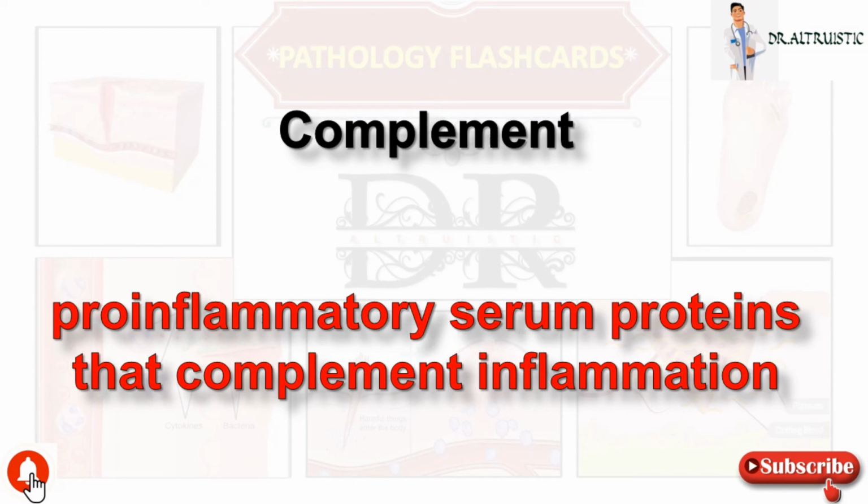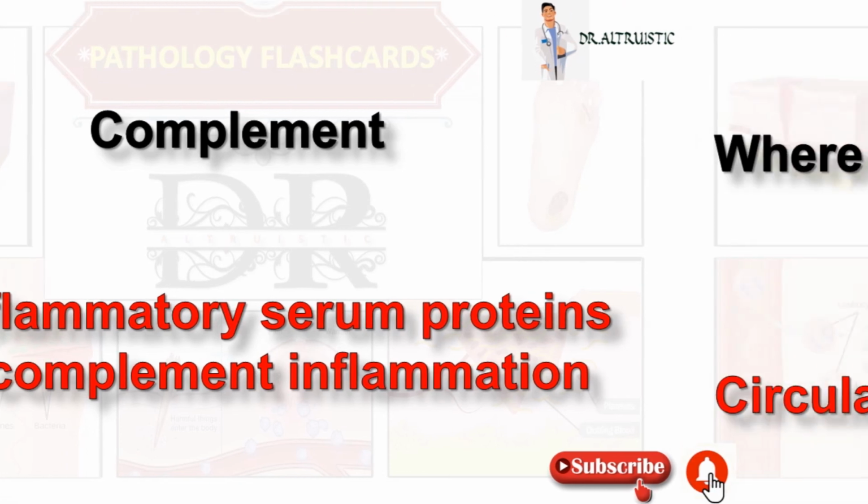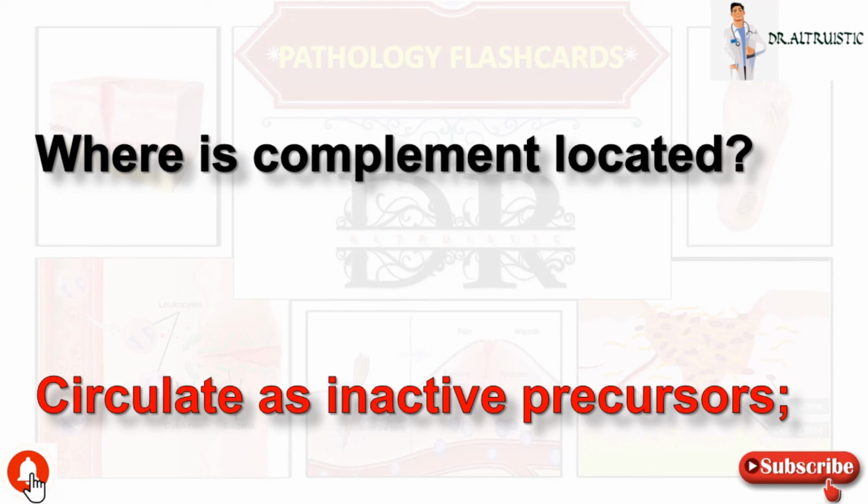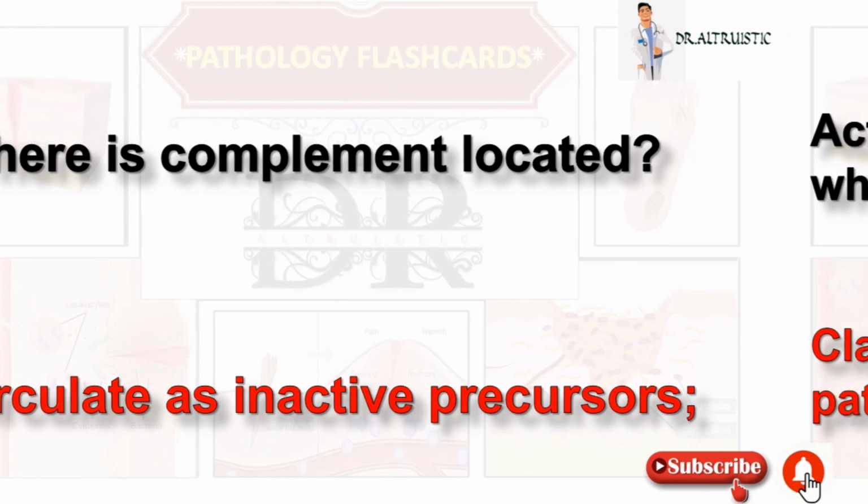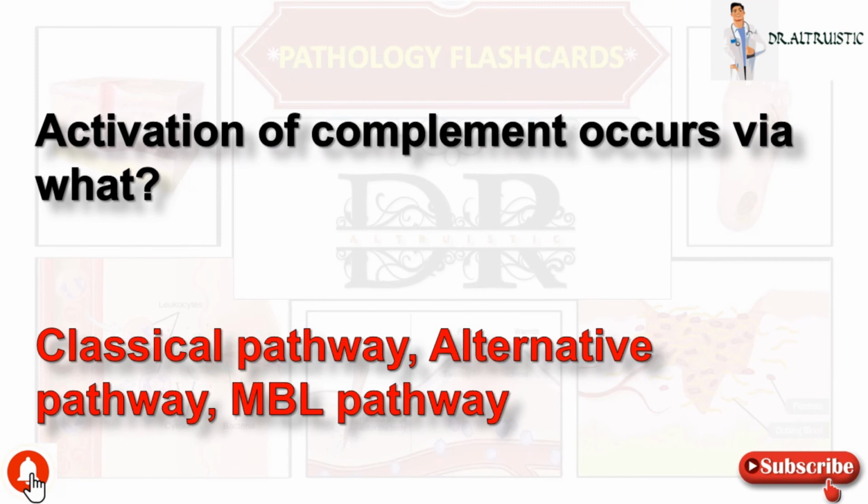Complement: pro-inflammatory serum proteins that complement inflammation. Where is complement located? It circulates as inactive precursors. Activation of complement occurs via what? The classical pathway, alternative pathway, and MBL pathway.